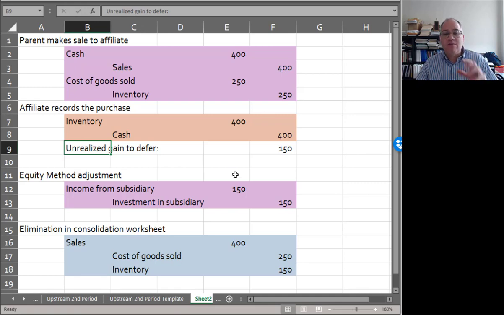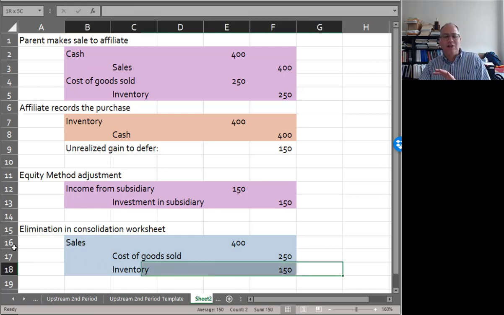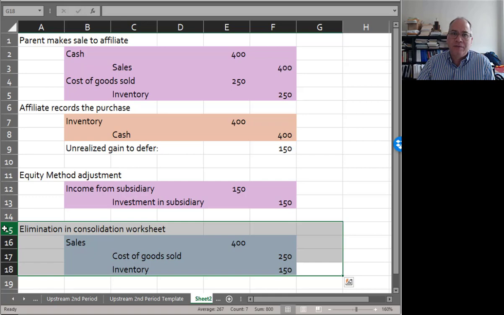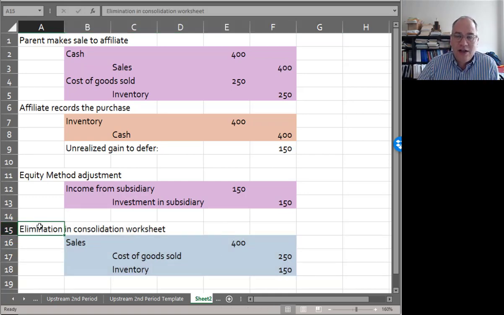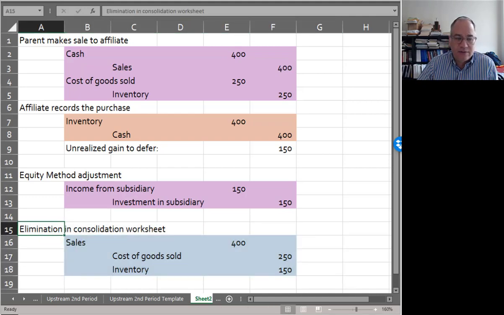So we're going to need to write the inventory back down from 400 to 250, and that would be by crediting inventory in the consolidation worksheet for $150. And again, I'll just note here that I try not to present journal entries that would appear on the consolidation worksheet the way the book does, and I don't want you to be confused: this goes on the consolidation worksheet and it doesn't go on any books.